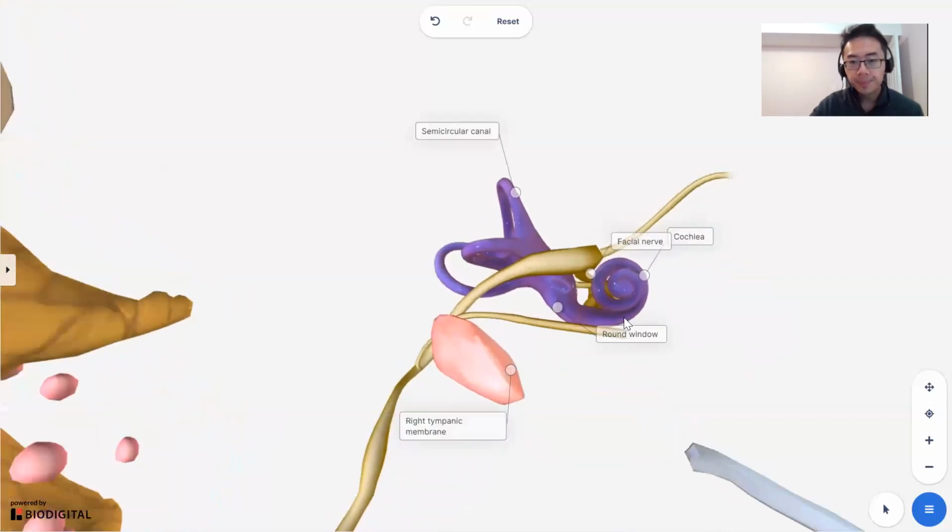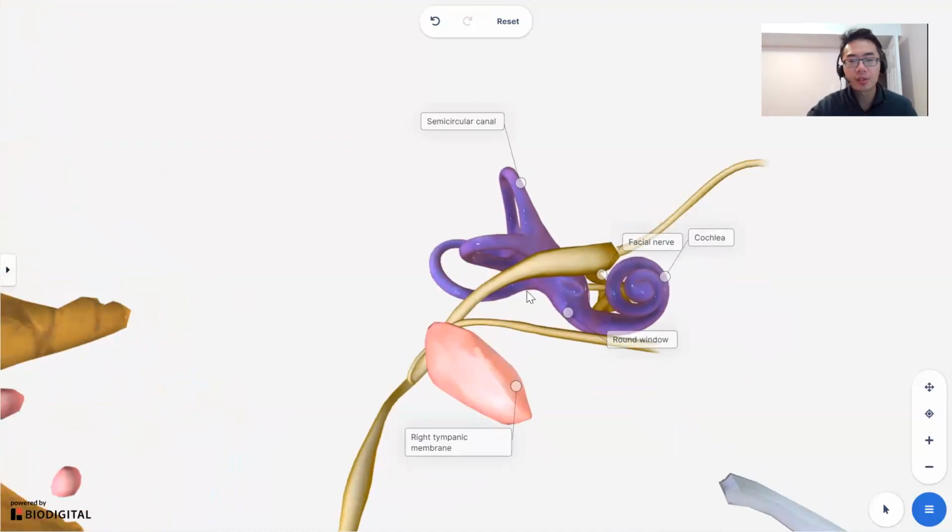Connecting the cochlea and the semicircular canals is going to be this structure here called the vestibule. The vestibule is responsible for detecting acceleration. So if you're falling or if you are speeding up or slowing down in a car, that feeling of speeding up, slowing down, or falling is detected by the vestibule.